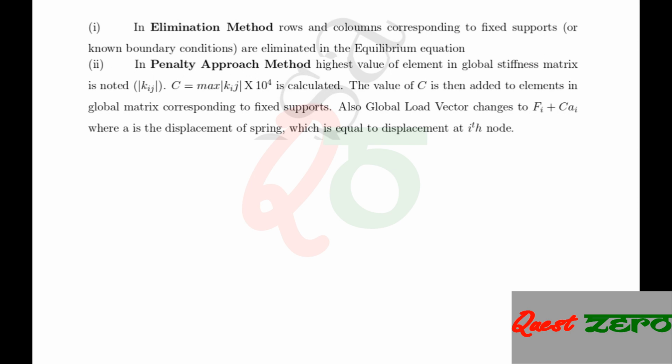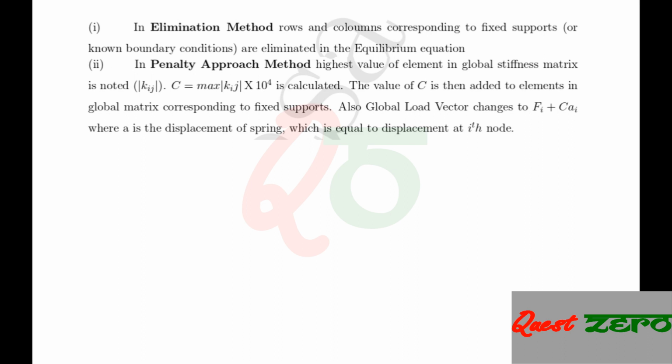Once we have calculated the value of C, we add it to the diagonal entries corresponding to the known displacement boundary conditions, and also we will modify the global load vector by adding C a_i, where C we have calculated and a represents the displacement at that particular node.